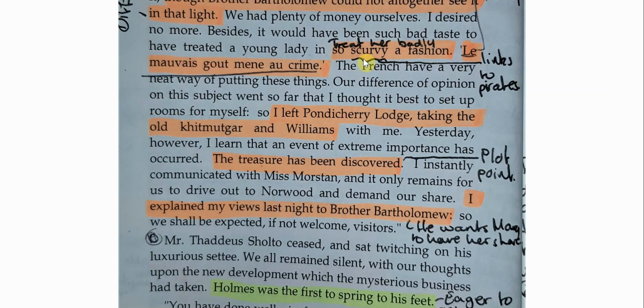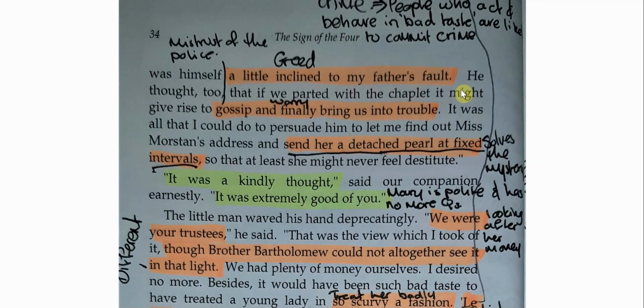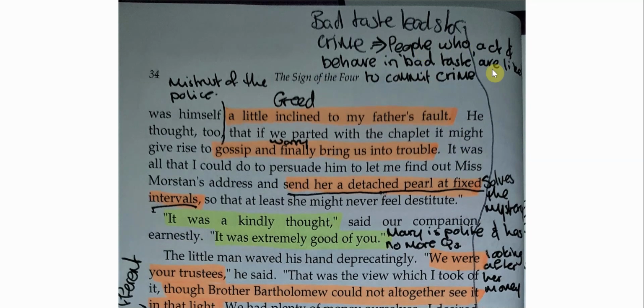Now, pardon my French pronunciation, I'm sure that I wasn't so great. Le mauvais goût mène au crime. This is French for people who act and behave in bad taste leads to crime. That's French for bad taste leads to crime. This shows that Thaddeus Sholto believes that people who act and behave in bad taste are likely to commit crimes or like people who have committed crimes.